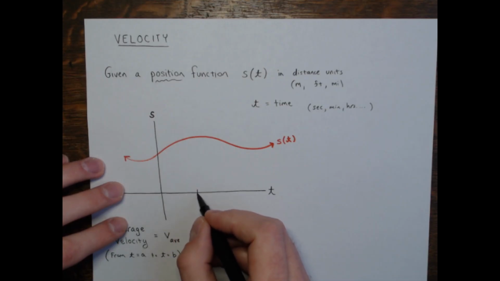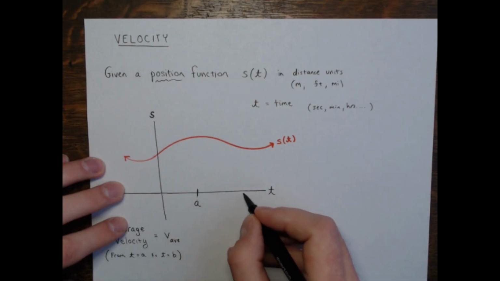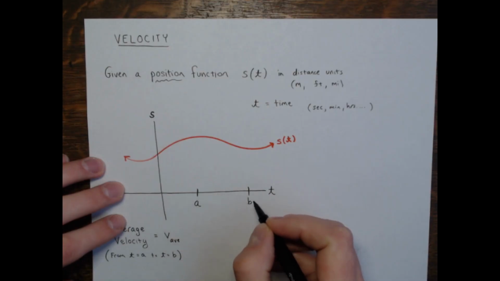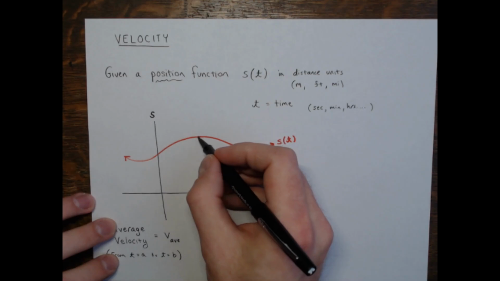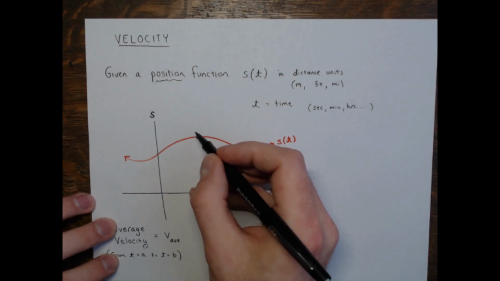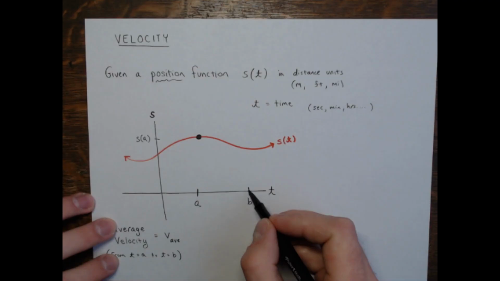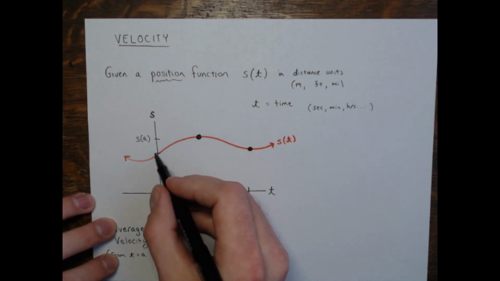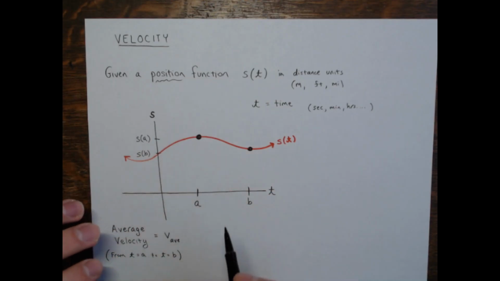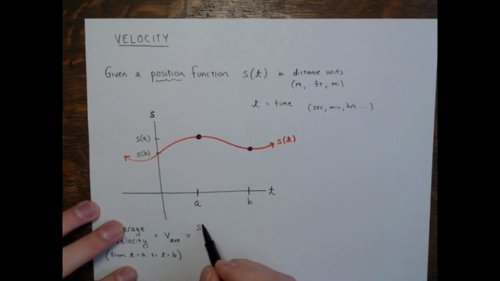What you're talking about is this. Say here's t equals A, and I let some time pass to t equals B. I'll be at a different position, depending on what the curve looks like. So here's the position, S at A. And at time B, here I'm at this position, S of B. So the average velocity is simply the slope of a secant line.